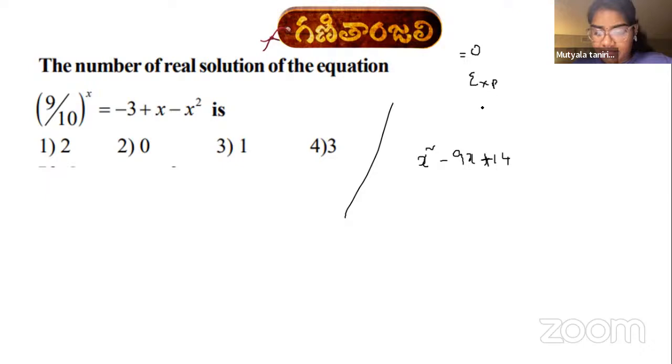Now I'm asking you, for what value of x is it positive? By putting which value in the place of x can we get a positive value?